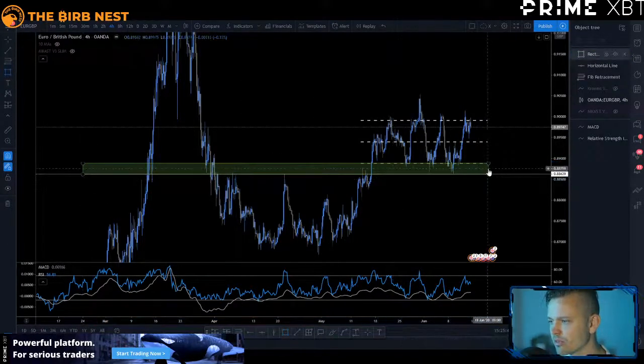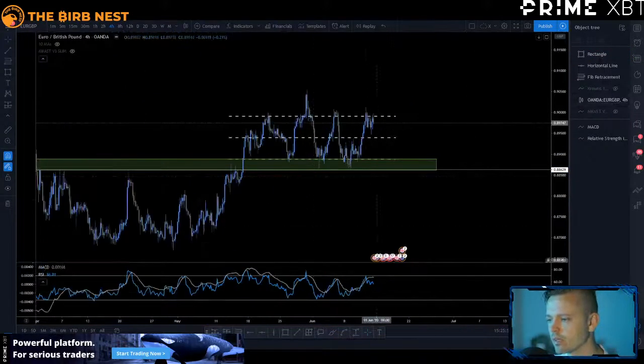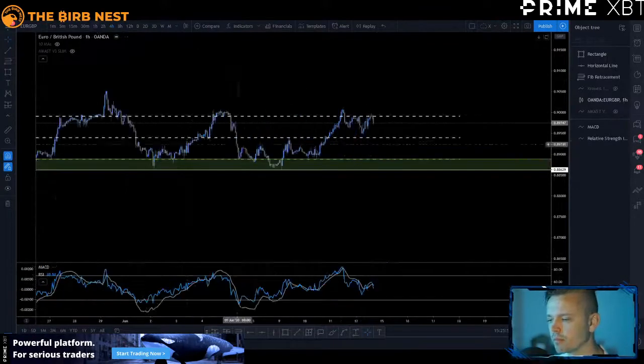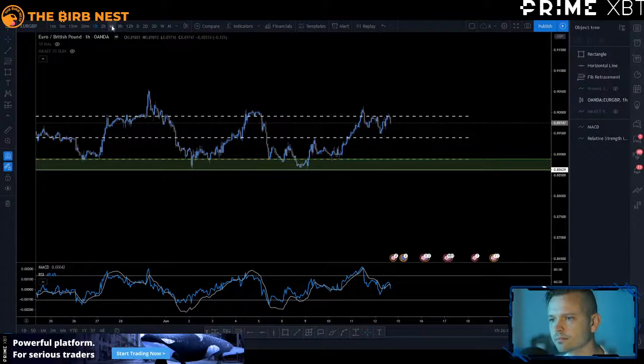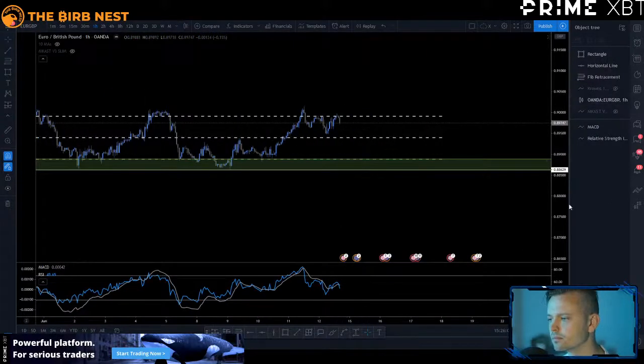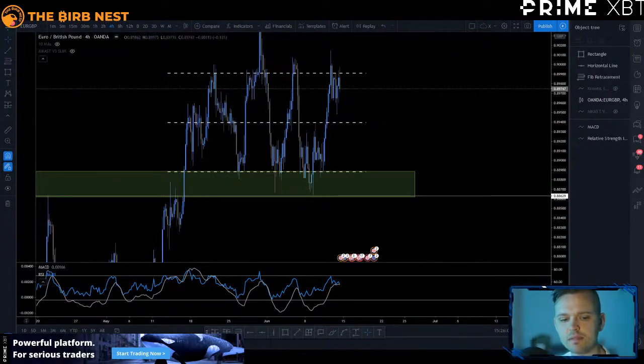What I'm looking for is bullish divergences on the RSI and MACD. Now, to short this, you want to see a break in market structure, right?